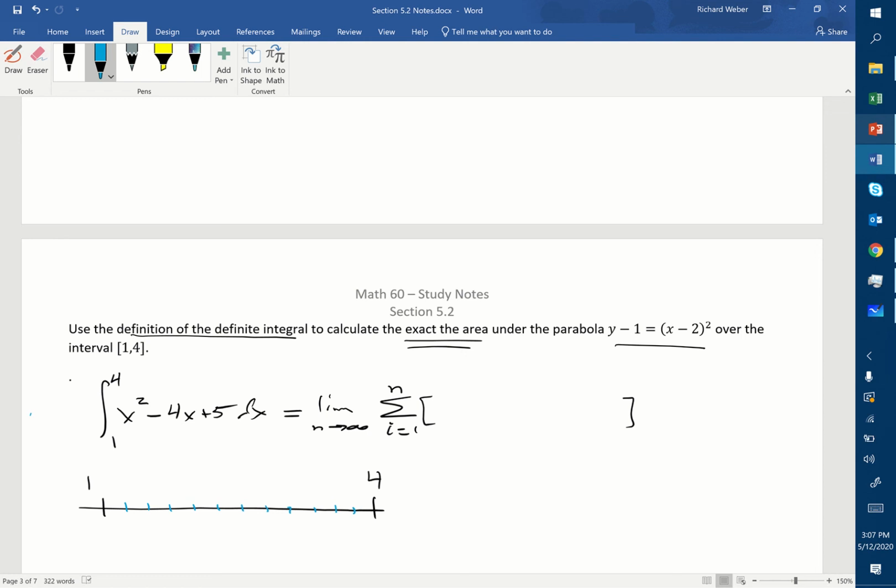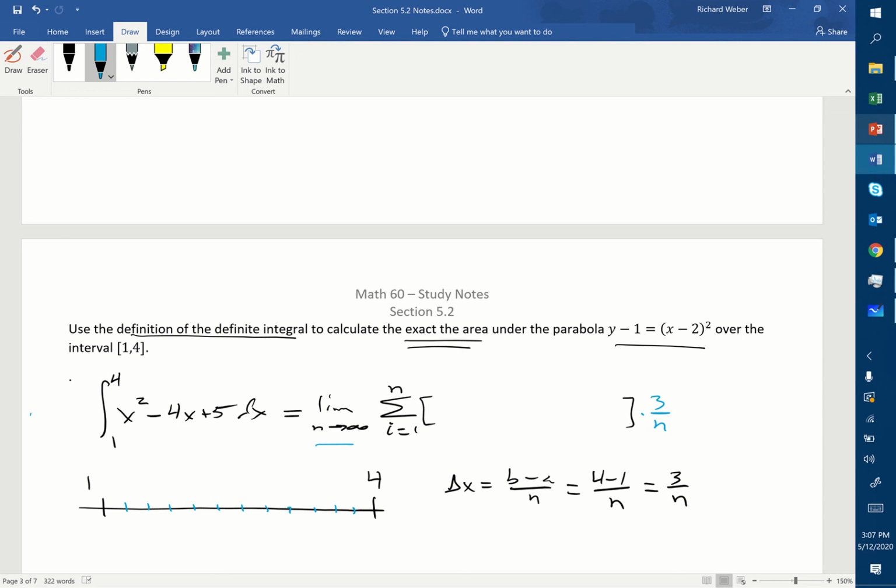First of all, we'll find delta x, which is b minus a over n. For us, it's 4 minus 1 over n, because I don't know what n is. And so our delta x this time is 3 over n, because n can be anything. And of course, when we take the limit, n is going to get bigger and bigger and bigger.